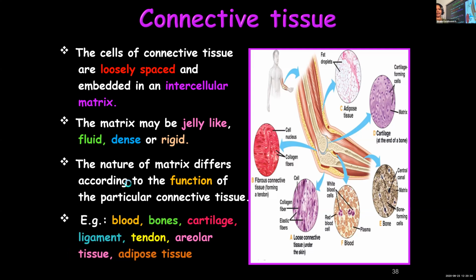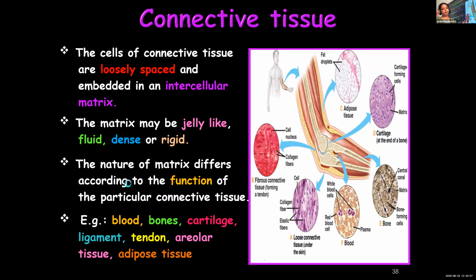Some examples, you will be learning about each of these connective tissues in detail. The first one, blood, bones, cartilage, ligament, tendon, areolar tissue, and adipose tissue. Don't worry about these examples. When you learn about each one in detail, you will become thorough.